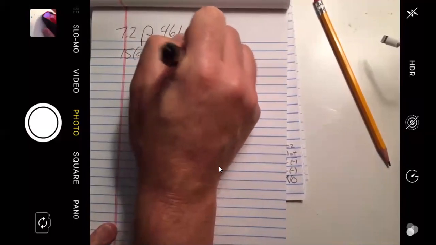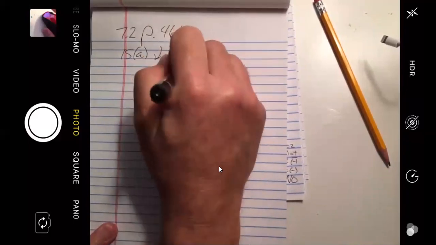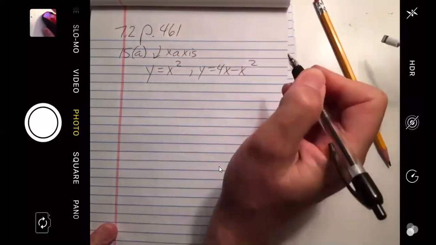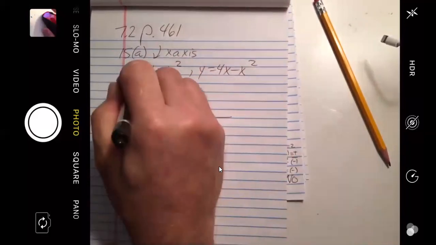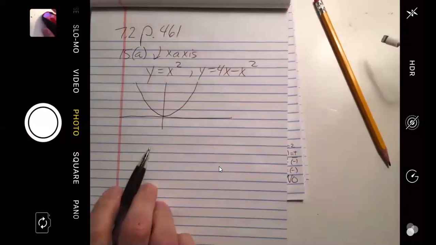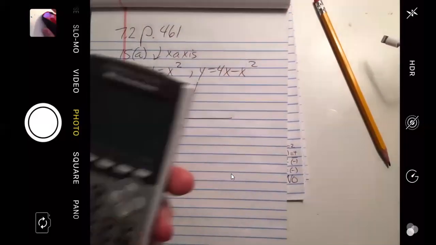And you're taking x squared and y equals 4x minus x squared. All right, hopefully you've got x squared memorized. That's your standard parabola. Unless you're a genius, we don't have 4x minus x squared memorized.